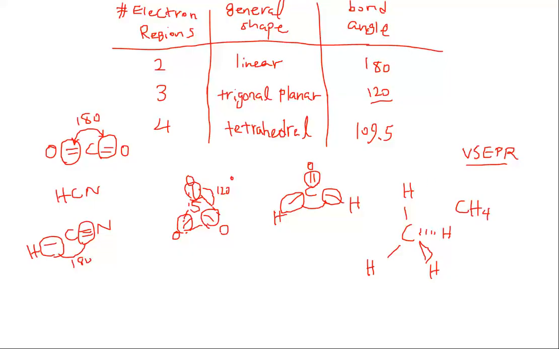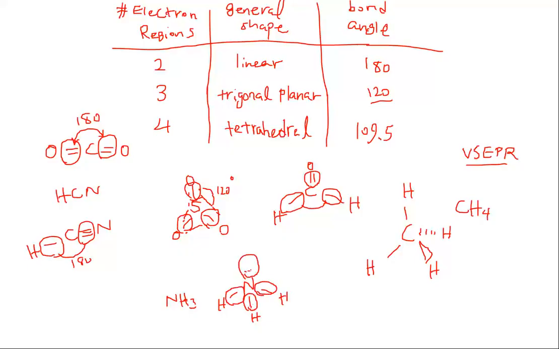More examples can be made with 4 electron regions, like NH3. In the case of NH3, we have 1 lone pair and 3 bonding pairs. So again, if we count it, 1 electron region, 2, 3, and 4 electron regions.